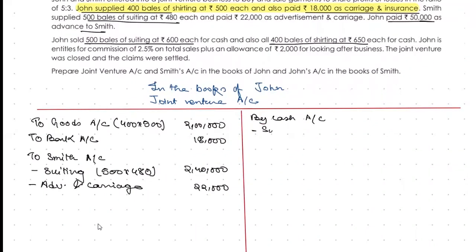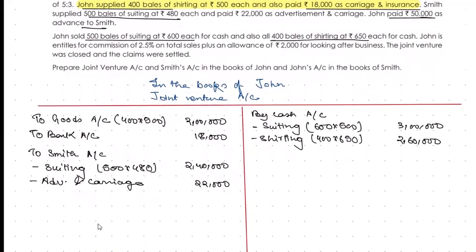Now see, suiting 600 into 500 and shirting 400 into 650. How much is it in figures? It is 3 lakh and 2,60,000.